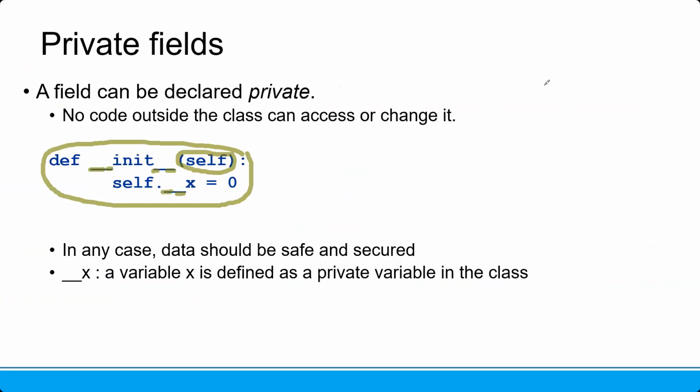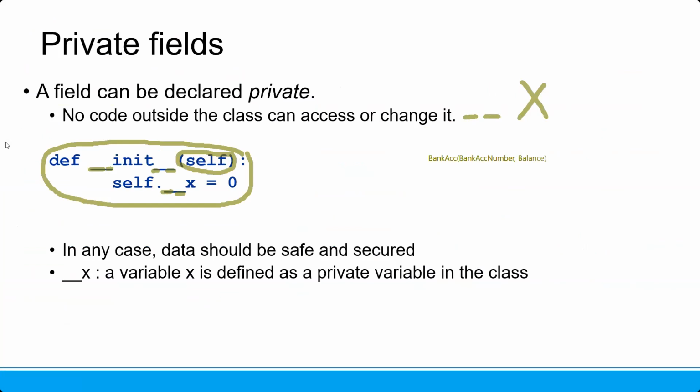So if I have the value of x, this is the variable name. For security purposes, you need to put an underbar. Let's say I have a bank account, and then I have the bank account number, and then I have the balance. So those two are the data members.